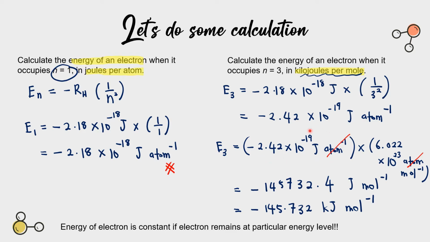By multiplying this answer in joules per atom with the Avogadro constant, you will get your answer in kilojoules per mole. And not to forget, from this answer, please divide by 1000 to get your answer in kilojoules from joules.